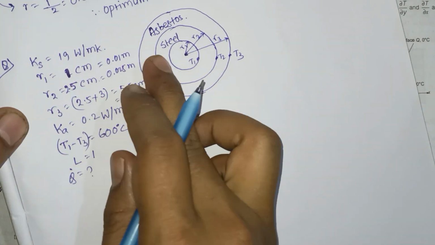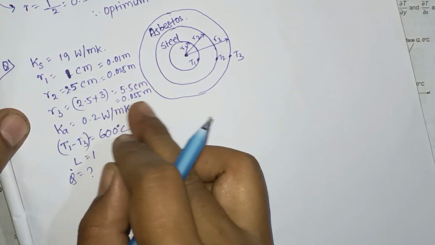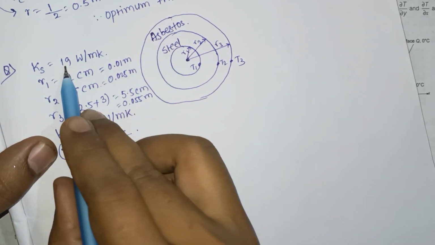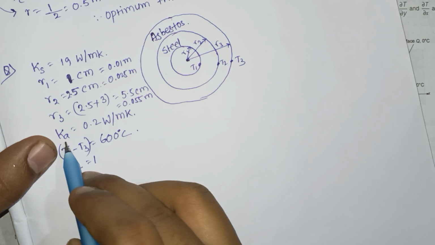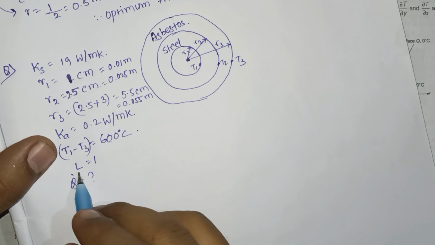Okay, so R1 is 0.01, R2 0.025, and R3 0.055 meter. And Ks, thermal conductivity of steel is 19, and thermal conductivity of asbestos is 0.2, and temperature is 600 degrees Celsius, and L equal to 1.